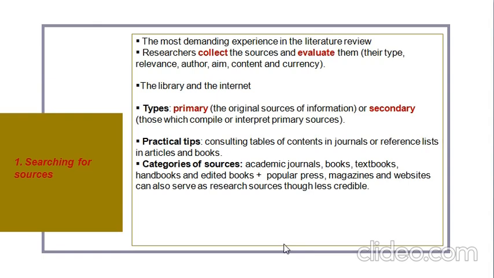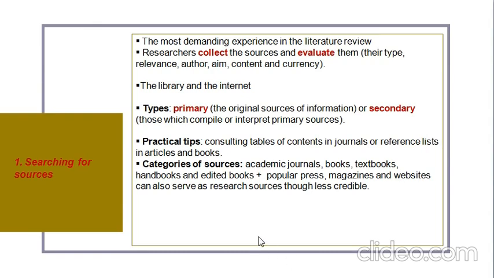Usually the library and the internet are the most common places to locate literature. Sometimes instructors can provide you with relevant materials, and in other cases, librarians, especially those who are specialized, can suggest some resources to any researcher.